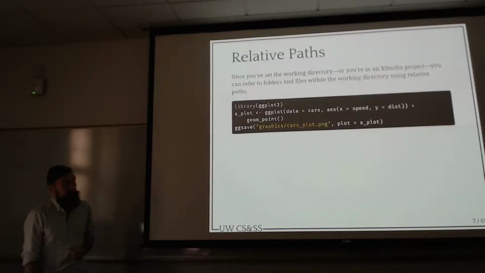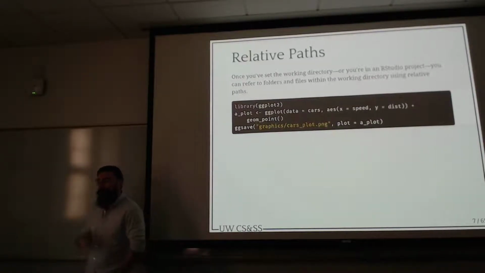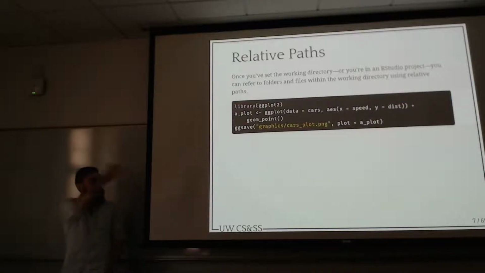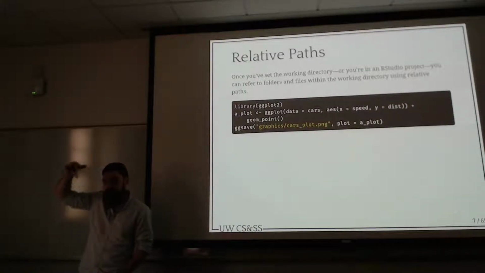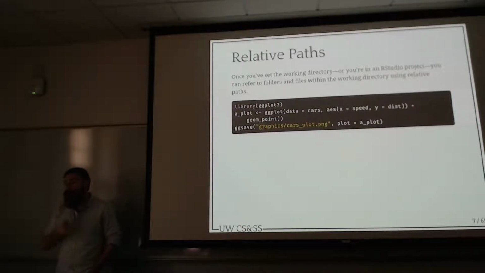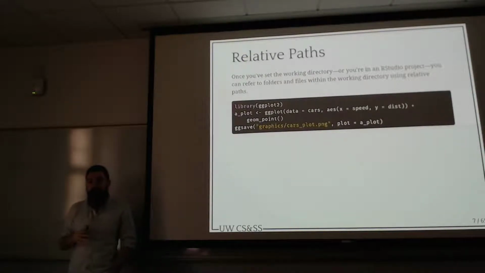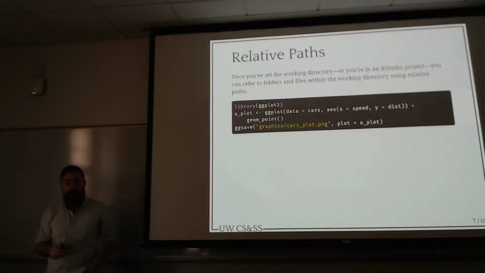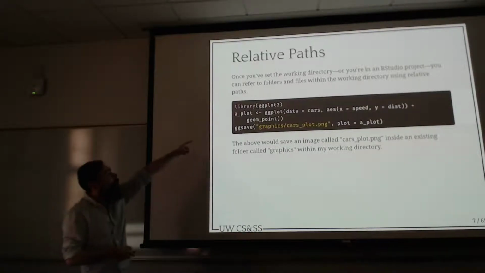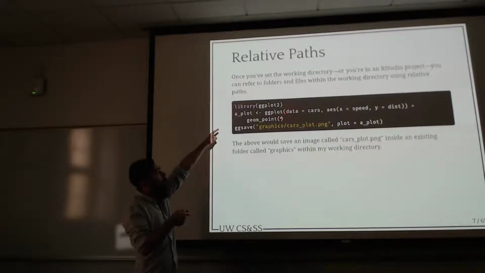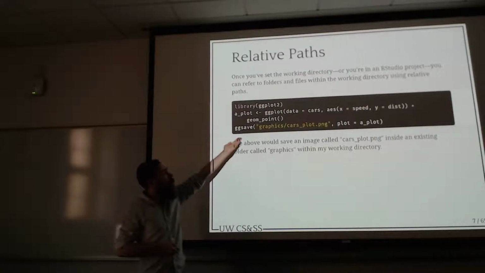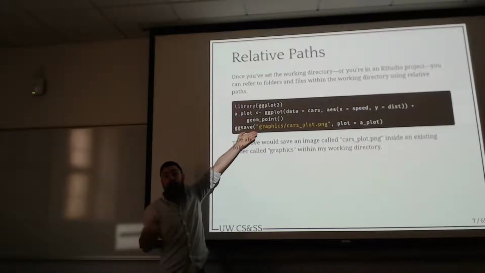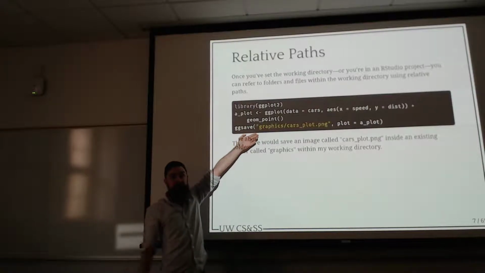Okay. Relative paths. So if you've set a working directory, or you're in an RStudio project and you have some particular working directory set, you can refer to any folders or files inside of that working directory using what are called relative paths. For instance, if I generated some plot in ggplot and I save it here, notice I'm not saying c:/user/my directory.